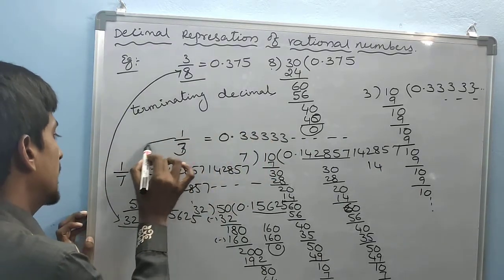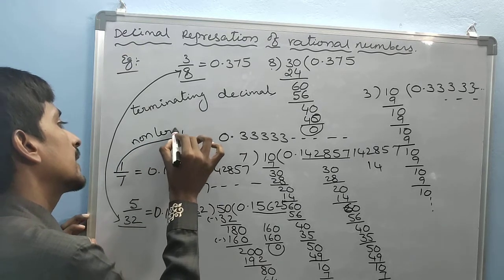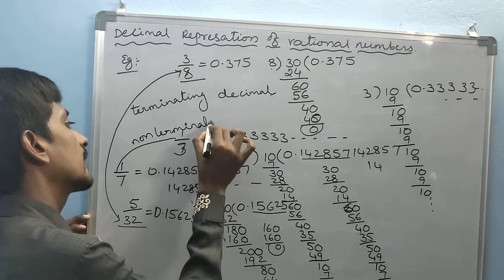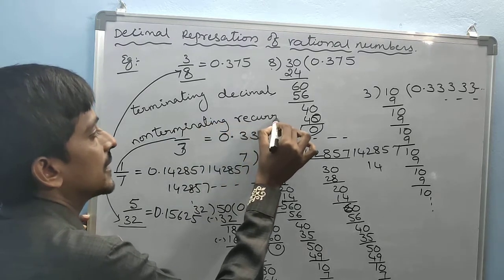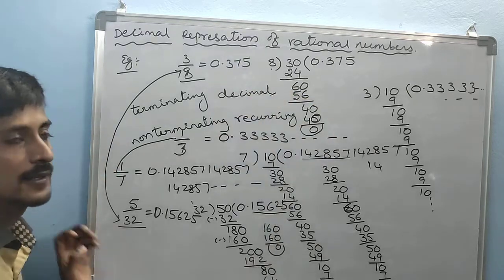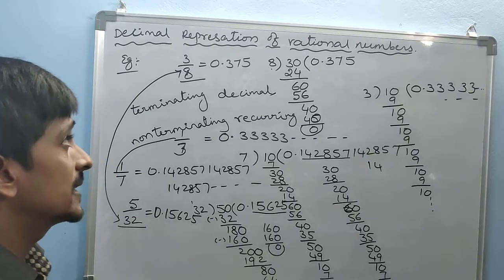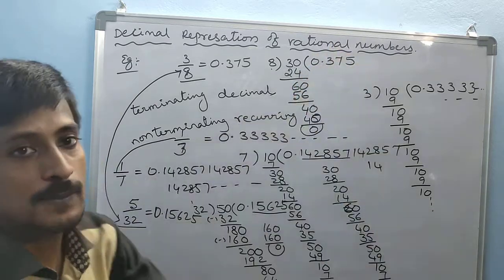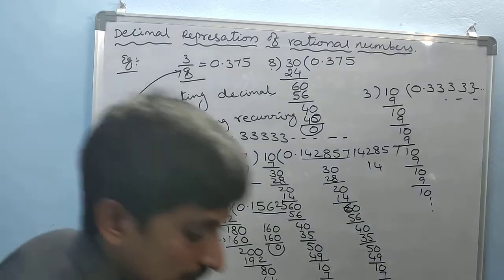The second and third examples are called non-terminating repeating decimals or recurring decimals. These are the two types of decimal numbers of rational numbers. Okay, these are the examples.